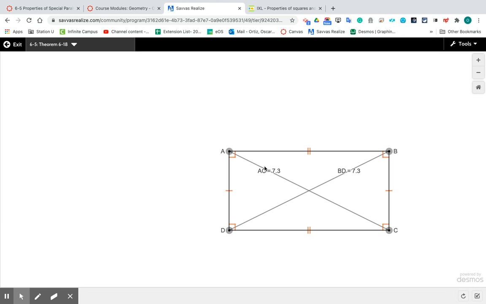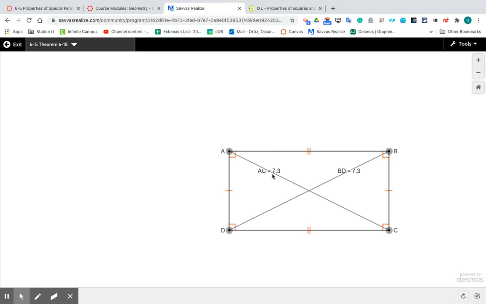Here, even though it is not measured, you can tell that this angle right here, angle BAC, is not congruent to angle CAD. So that's telling us that this here is not a rhombus, and it's clear because this side right here is shorter than the other side, and in a rhombus all sides are congruent.